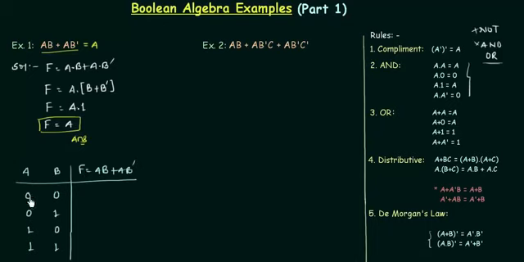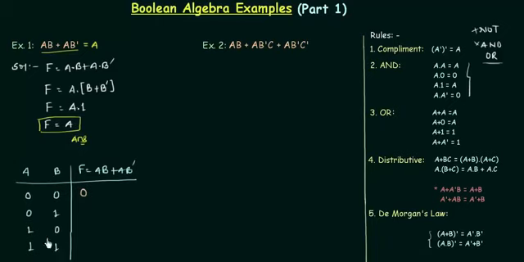When A is 0, we have 0 and B is also 0, or 0 and 1. B is 0 and taking its complement we have 1. So overall we have 0 or 0, and 0 or 0 is equal to 0. So function f is equal to 0.